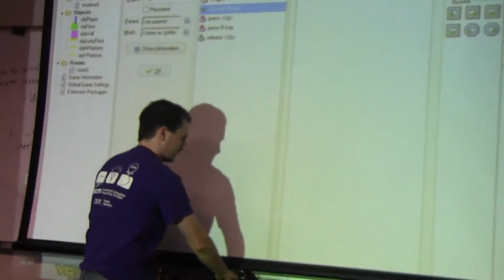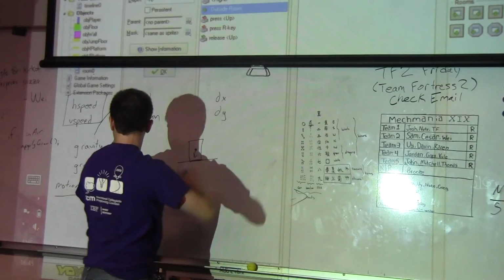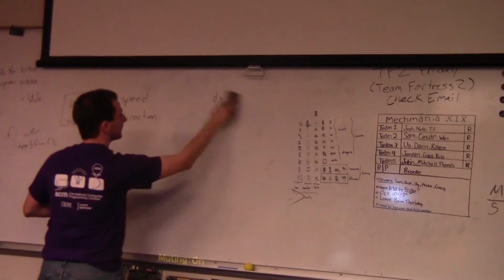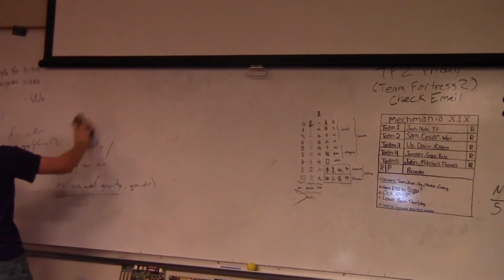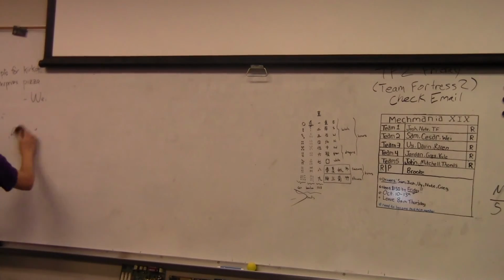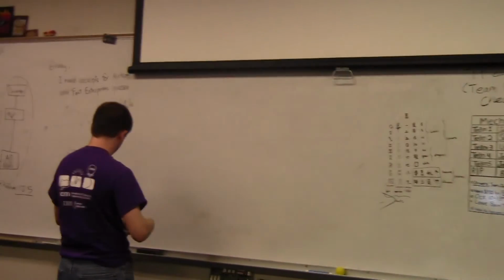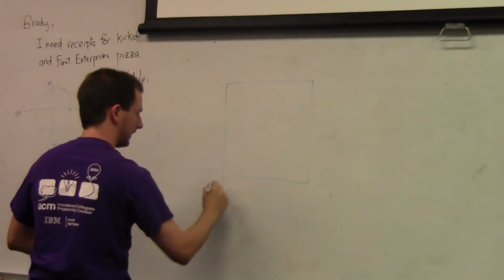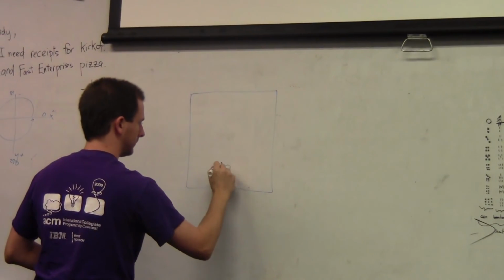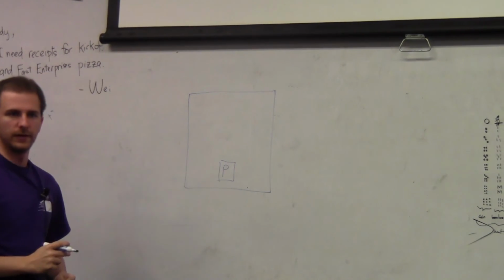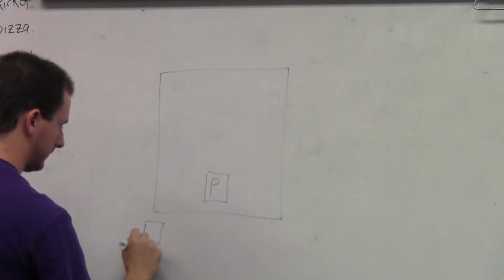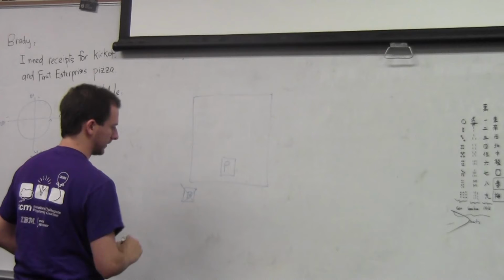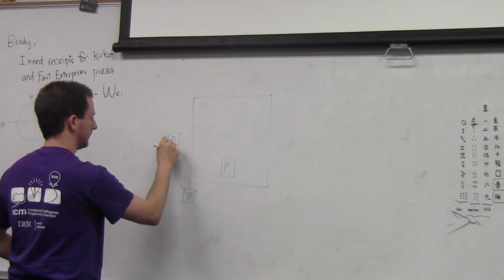All right. So what you're saying is, say we've got some room. Yeah, this will work. So we've got some room like this, and we've got a player here. And you only want bullets, this bullet you want gone, but this bullet you want to keep.